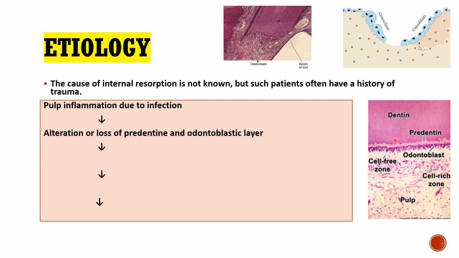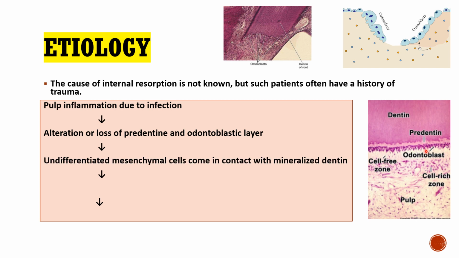These two layers play a very important role in the protection of the mineralized tissue of your teeth. So here, the pulpal inflammation leads to damage of these cells or this layer. Because of that, the undifferentiated mesenchymal cells which are present in the pulp will come in contact with the mineralized dentine.